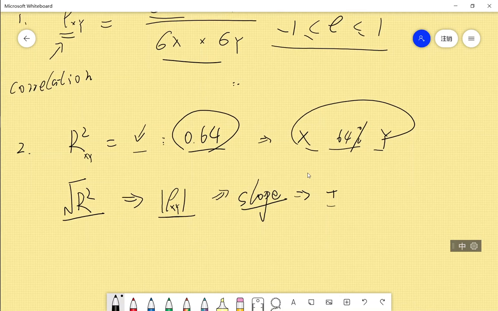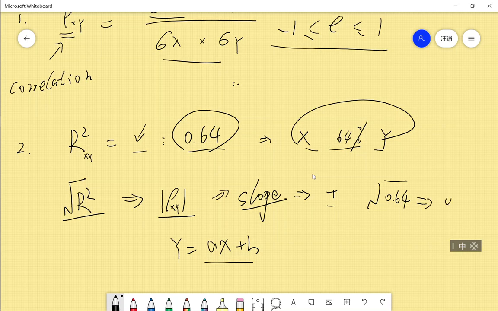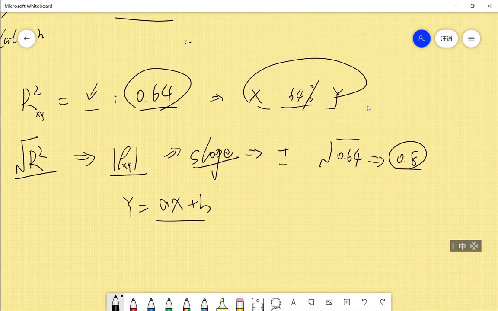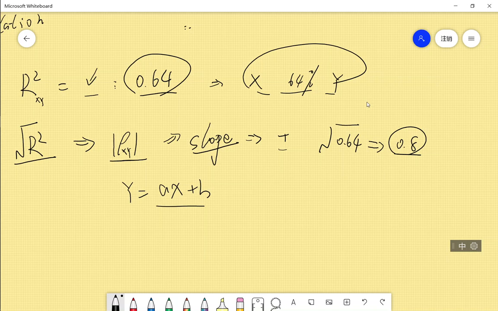And say that the relationship between x and y is something like this: y equals ax plus b. I want to know the correlation between x and y. How to do that? We just use the square root of 0.64 and we get 0.8, and that is not yet the actual result for x and y.